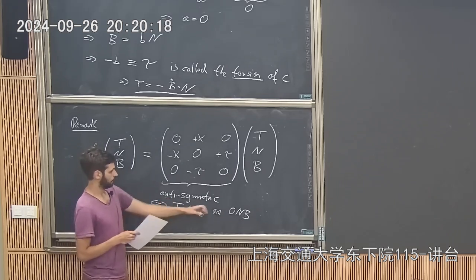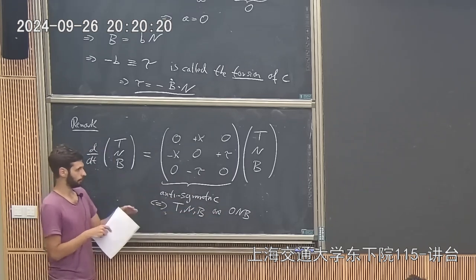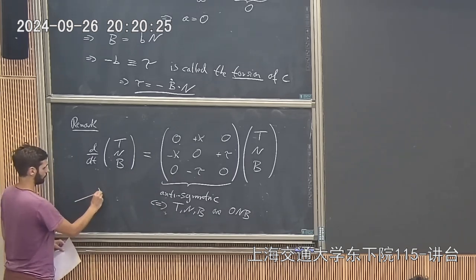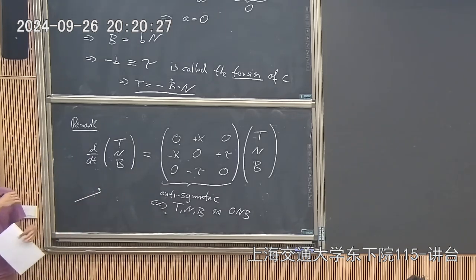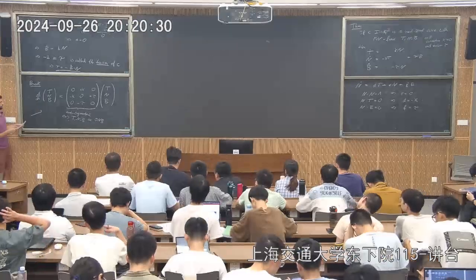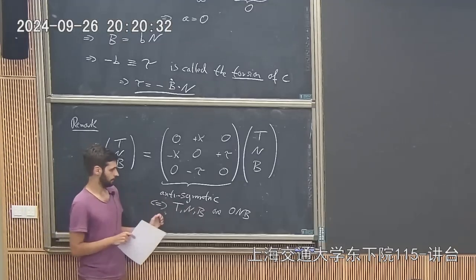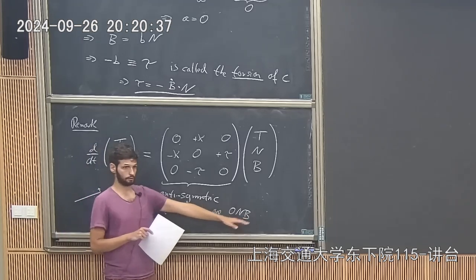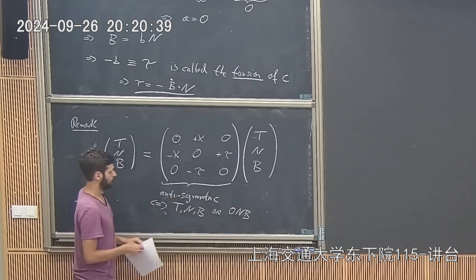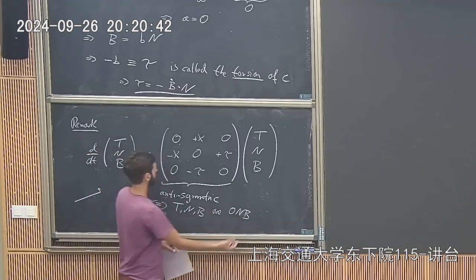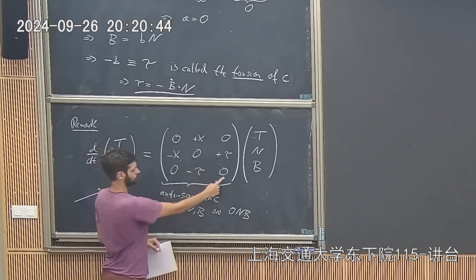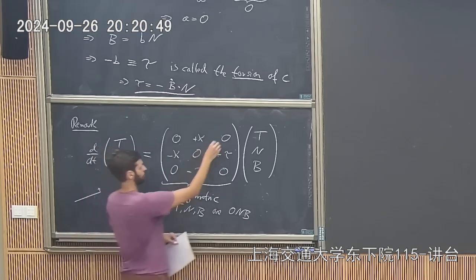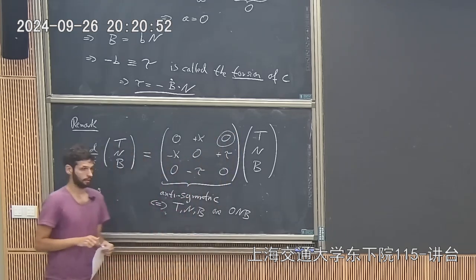It's the same argument that I had before, that if you have a vector normalized to be 1, the derivative of that vector is something orthogonal to it. This is equivalent to these three elements being normalized and orthogonal for all times. That explains why this one has to be 0, this one 0, this one is 0, and why they are normalized. The only thing that is not explained is why this one is 0.